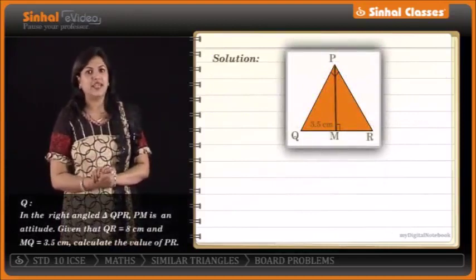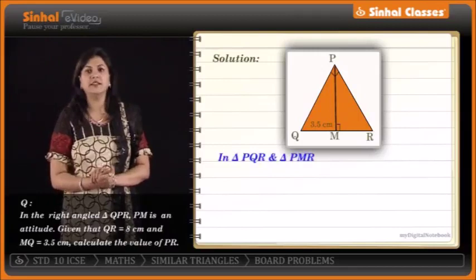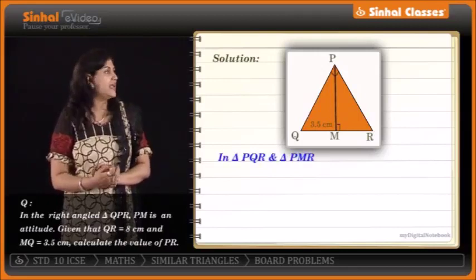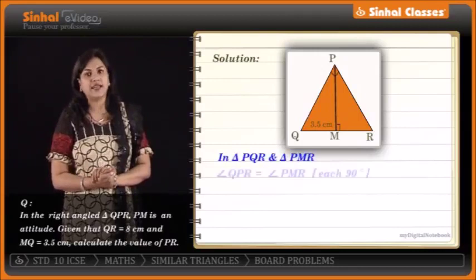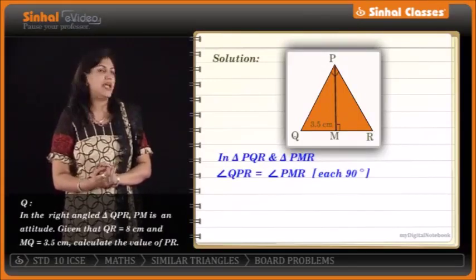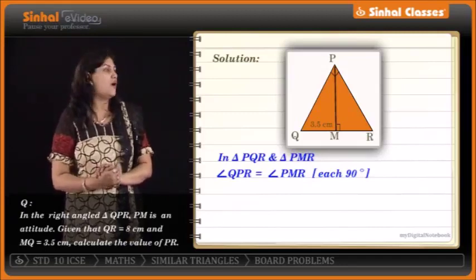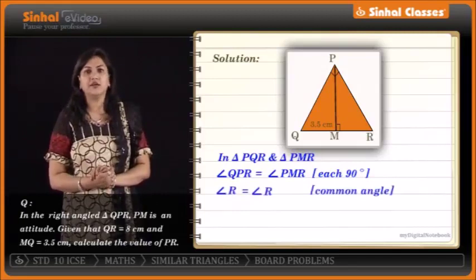Now, let's take the two triangles PQR and triangle PMR. In these two triangles, angle QPR is equal to angle PMR equal to 90 degrees each, given. Also, angle R is equal to angle R, the common angle.